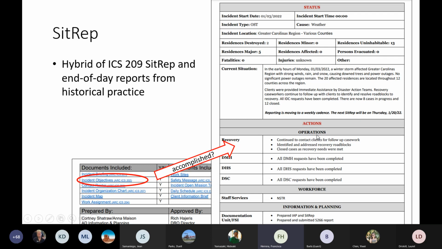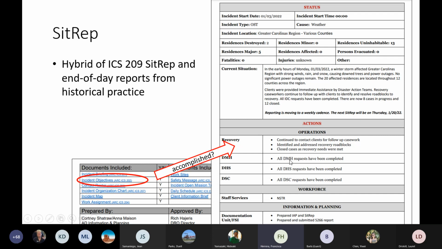And then you'll have each of the units' operations and workforce and information planning and etc. Logistics, all of them listed here, with each of the units giving a quick update about in what ways the objectives are accomplished. In this case, recovery is indicating that they continue to contact clients for follow-up casework. They did identify and address recovery roadblocks, and they closed cases as recovery needs were met.